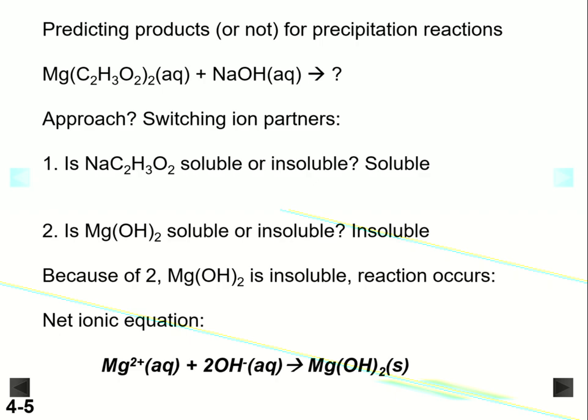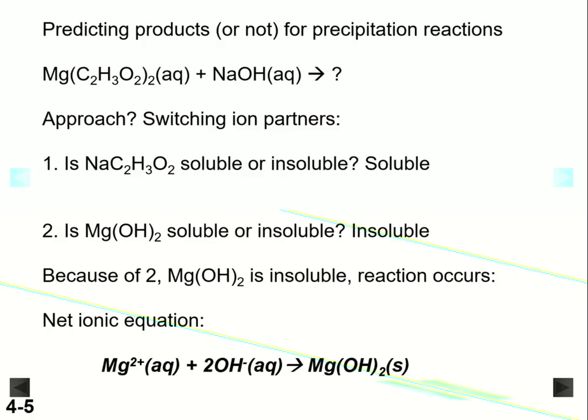The second potential, we switch the other partners and we take magnesium with hydroxide. Is that soluble or insoluble? If we look at our solubility rules, you will see that hydroxides are insoluble, and the exception is group 2. Magnesium's in group 2, but it is a lighter member of group 2. It's one of the higher up members. So that is an insoluble salt.